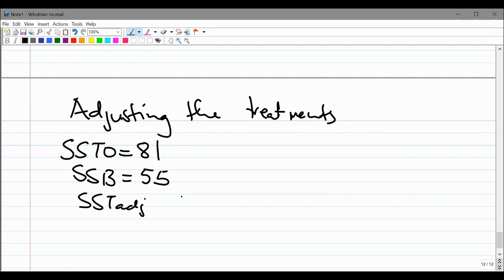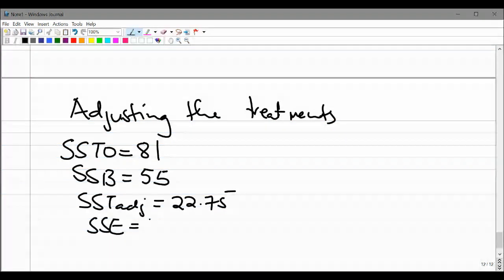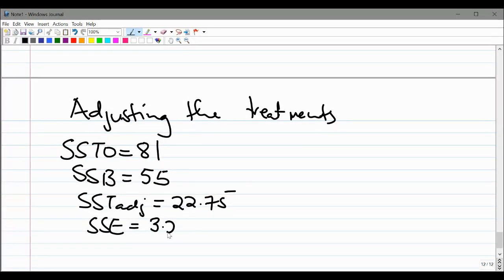SST adjusted, I'm told, is equal to 22.75. SSE, this one is what, leaders? I think 3.25.